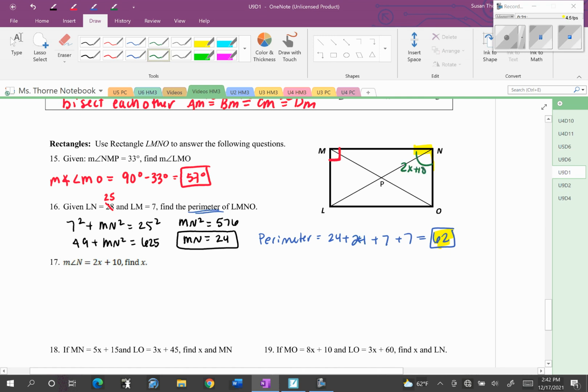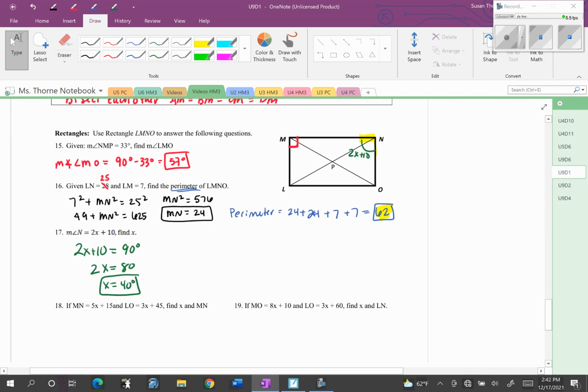I want to find x, so we know that 2x plus 10 has to be equal to 90 degrees because it's a rectangle. So subtract the 10. 2x is equal to 80, divide by 2, x is equal to 40 degrees.